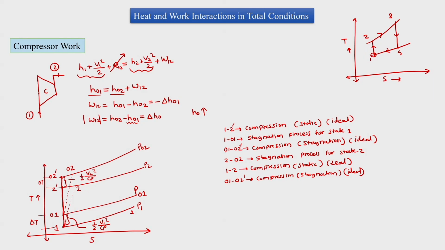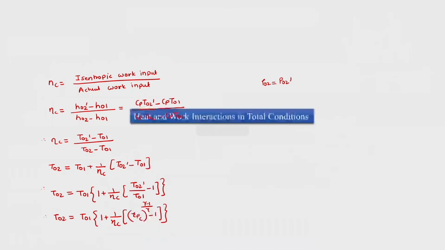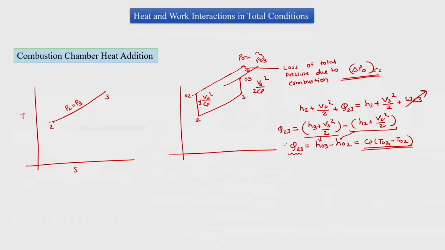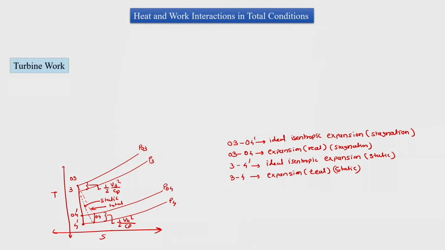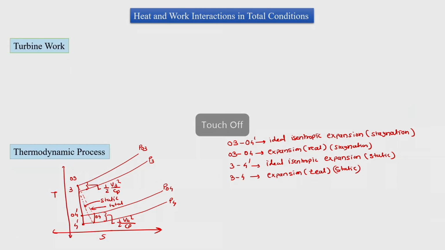Similarly, 1 to 2 was compression with static and real, and 01 to 02 was compression with stagnation condition, real. So the same thing we are looking at with the turbine, and we have plotted the process for the turbine. Now, we can use the steady flow energy equation for the turbine. So let us plot. This is the turbine. We have station 3 here, we have station 4 here.